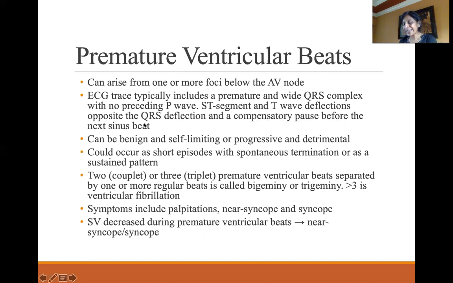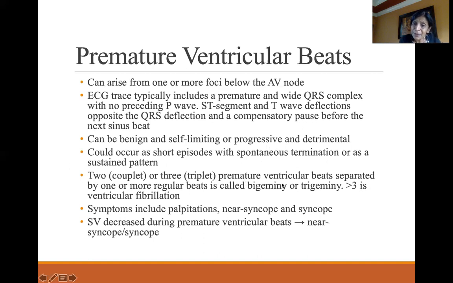So basically it corrects itself, and then no major concern here. It can be benign and self-limiting, or progressive and detrimental. There you go. If it's benign, it's okay. If it progresses, then it's like a flutter. It could occur as short episodes with spontaneous termination, or as a sustained pattern.